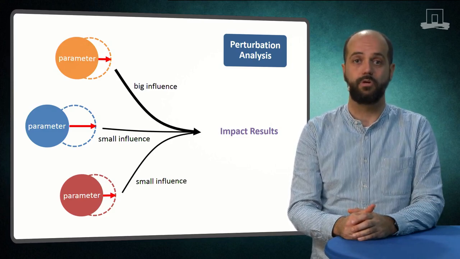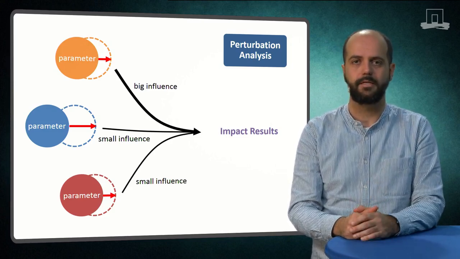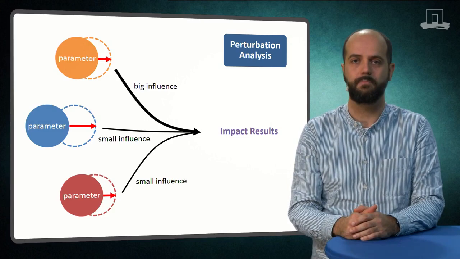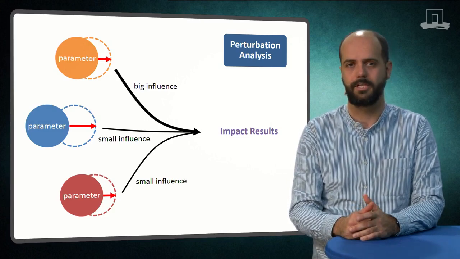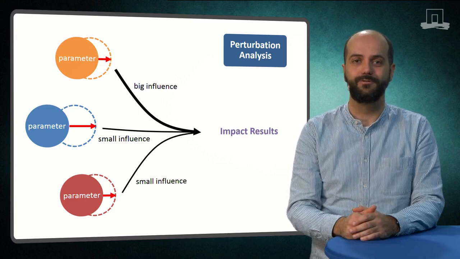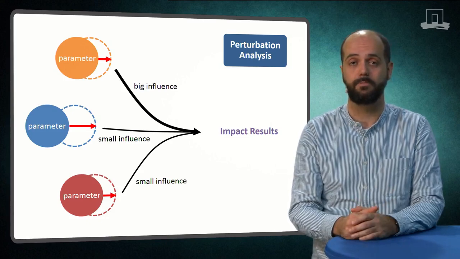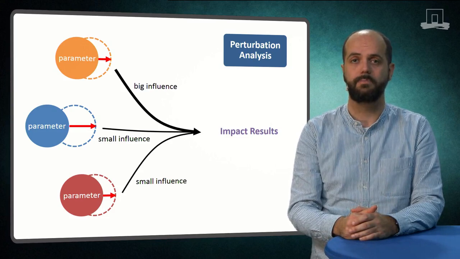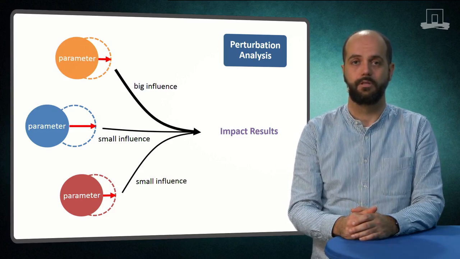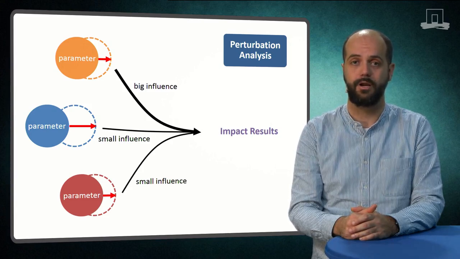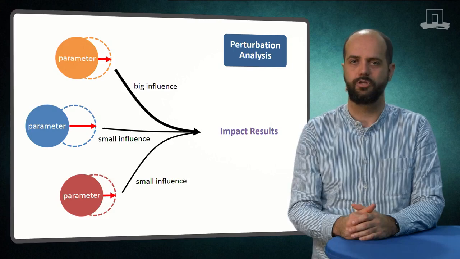Perturbation analysis can be useful for 2 reasons. 1, it tells us where in our model we need to be most sure of our data. It can also be used to draw conclusions about which unit processes in our product can be improved or optimized to achieve the largest gains in environmental performance. Perturbation analysis results are usually presented as a multiplier. The multiplier reflects the degree to which a certain change in input parameter propagates into a certain output result.